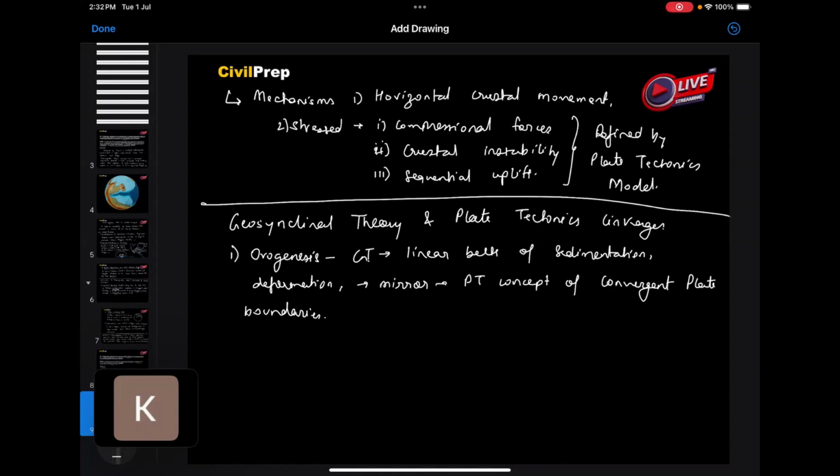Here we'll see the presence of a Benioff zone, which represents inclined seismic zones near trenches. Thus it bridges the gap between static model and dynamic subduction mechanism.